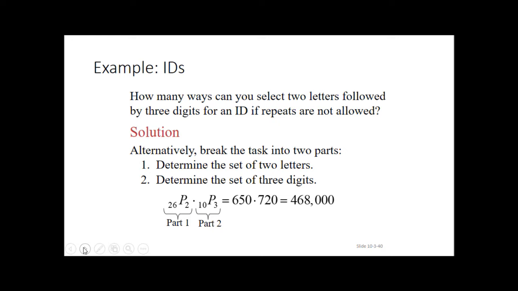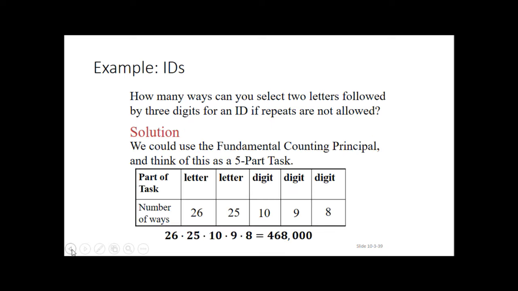And then that would be part 1, choosing the 2 letters, and then choosing the 3 digits, we would have to choose 3 out of 10, so 10p3 for part 2. And notice you get 650 times 720 equals 468,000. Same value that we got doing it this way.